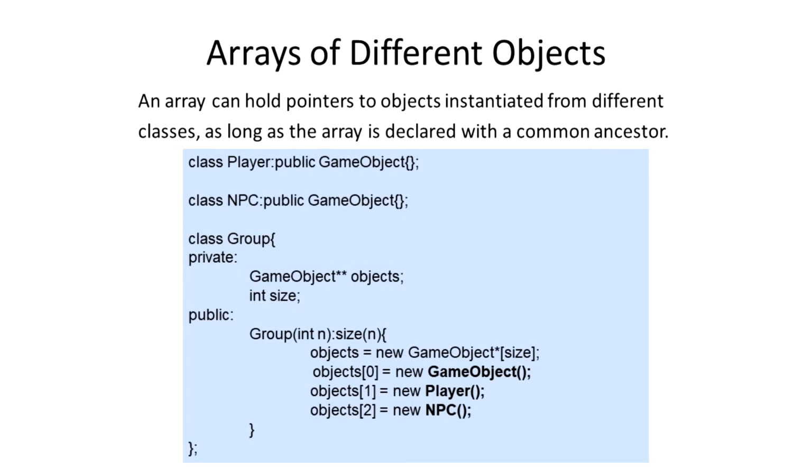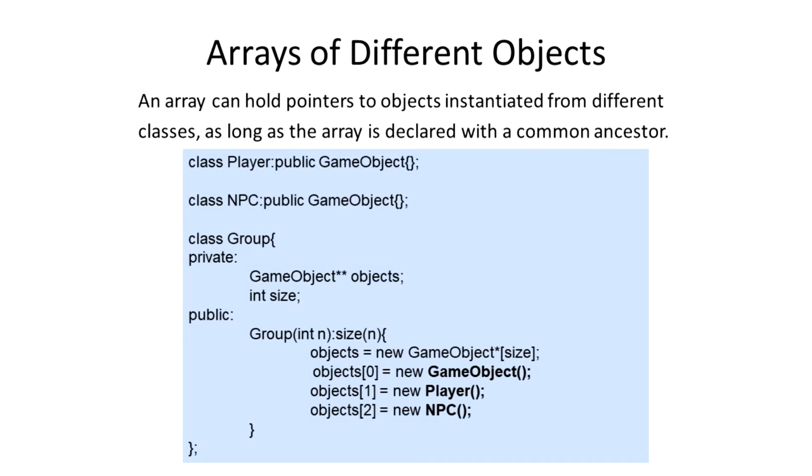If we tried to create the array of child type, of child class, then we'd only be able to store objects of that child type within the array, or point towards it if it's a dynamic array. We can't actually store other child types that are on the same level of the hierarchy, or indeed the level above, which is the parent type, because these are technically all of different structure.